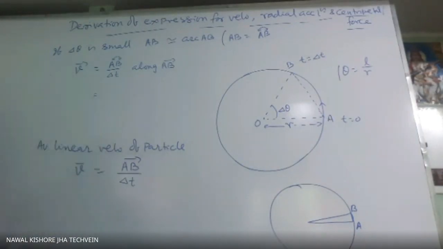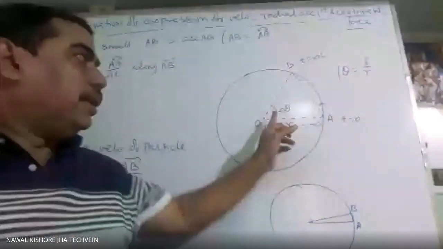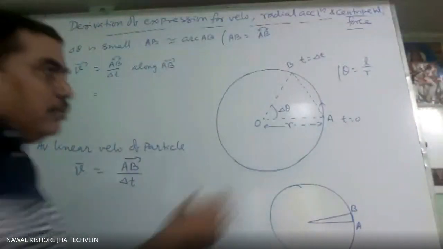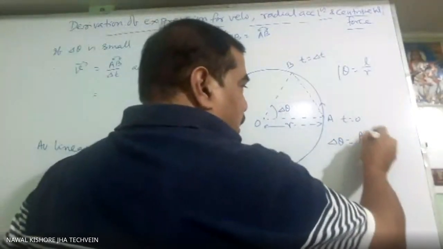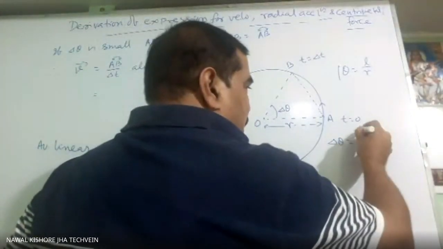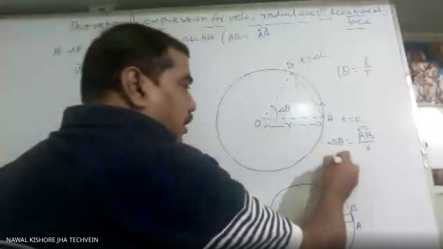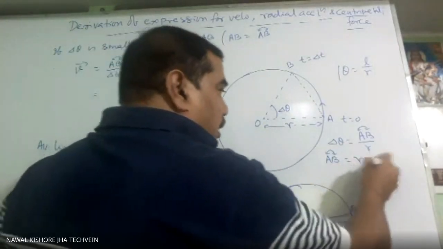Now, according to this relation, delta theta is arc AB over R, so in place of arc AB we can write R delta theta.